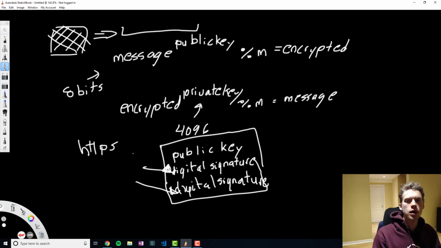And so if you need an SSL certificate, what you would do is you would generate your key pairs, and then you would create a certificate request, and then you would send that to a certificate authority, and then they would validate your identity and whatever else, and then they would send you back a certificate.